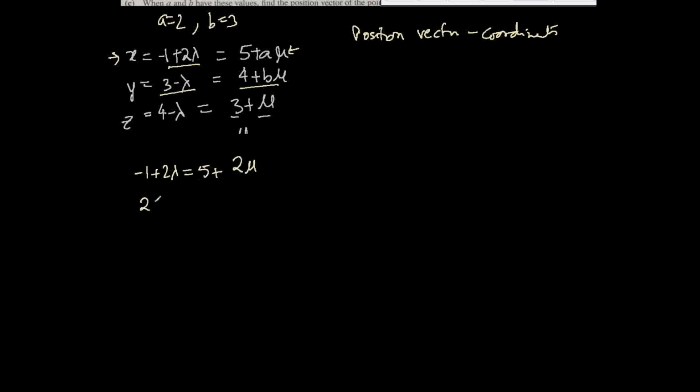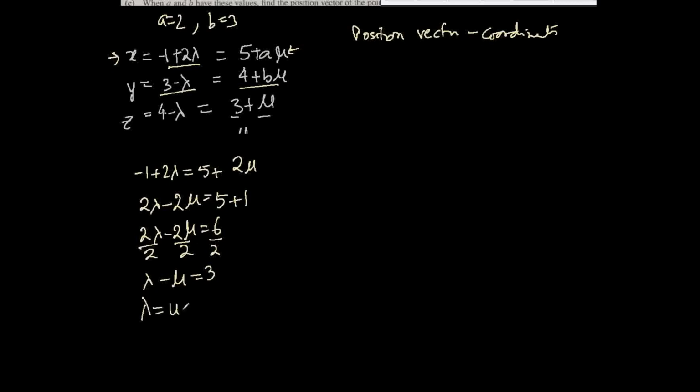Yes. 2 lambda minus 2 mu equals 5 plus 1, which is 6. Can I divide all of them by 2 so that it becomes a simpler equation? It becomes lambda minus mu equals 3, so lambda equals mu plus 3. Right?